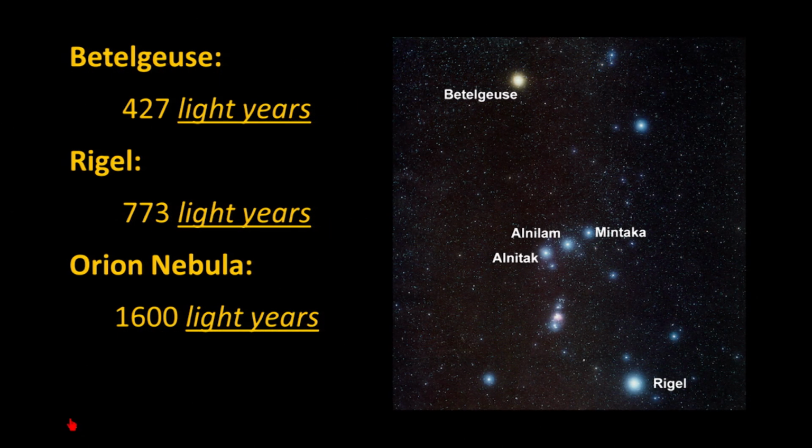Then we talked about how, because light has a speed that it travels at, it requires time for light to go from one place to another. And so when we look at objects that are very far away, the light has taken many, many years in most cases to reach us. So essentially we're looking back in time.